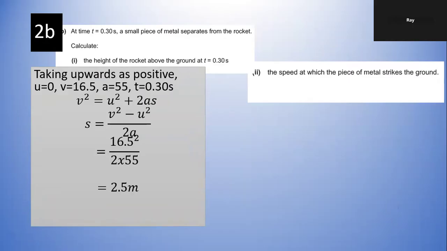Oh wait, something went wrong. Initial speed is 0. Then final velocity is 16.5. Use the graph to help you.